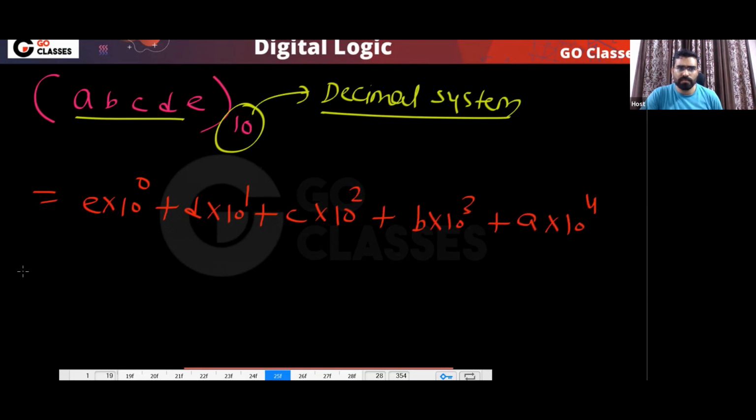Is this clear? This A is multiplied by 10 power 4, this B by 10 power 3, and this C by 10 power 2, because we use this C after counting 100 items.